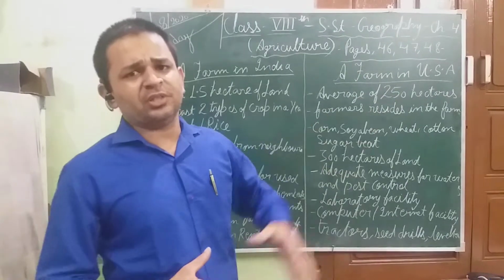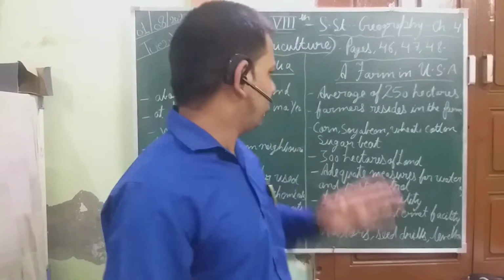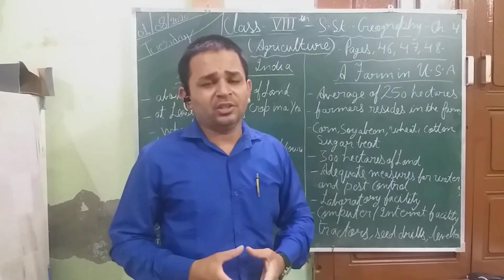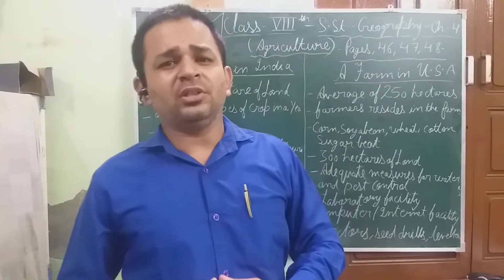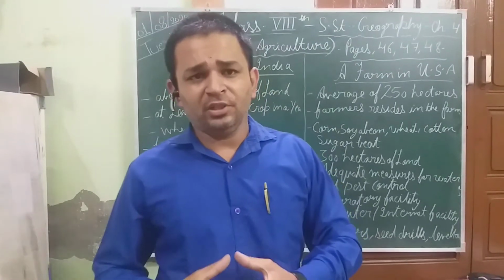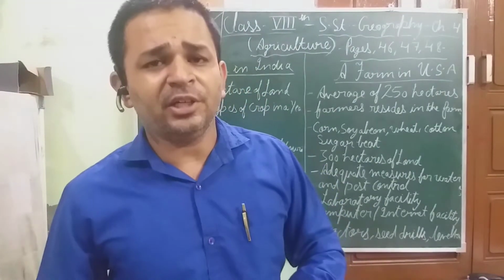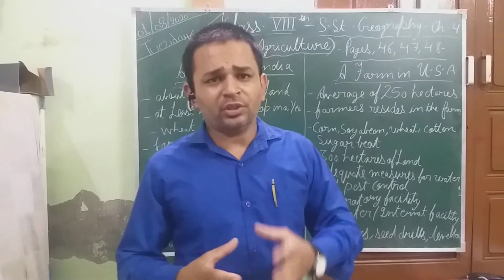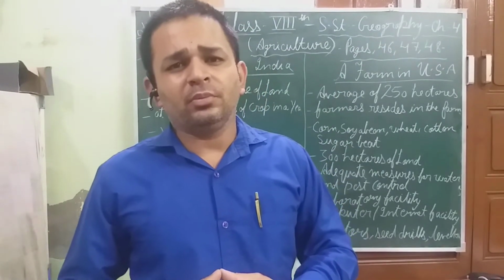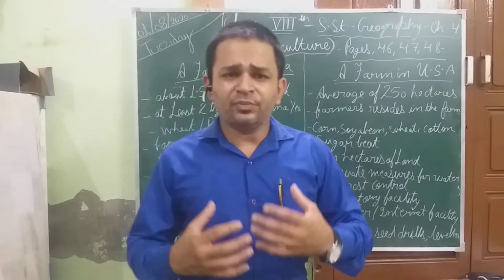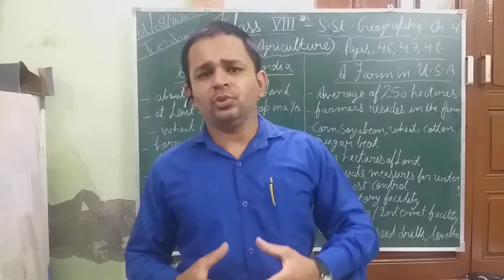Though in the book it's given paragraph-wise, for your better understanding I have written it like a comparative study, so that we can compare the way of agriculture done in both countries, how it is different, where we are lagging behind, and where USA is leading. What are the basic points of difference between the way the farmer of India works and the farmer of USA works?